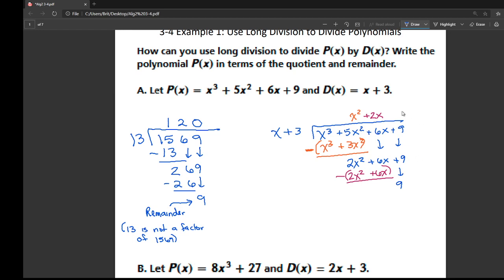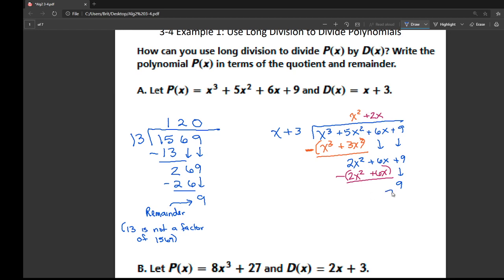Now to make x look like 9, I would need to multiply by something weird. So this is actually where we stop. Instead of filling in a 0, we would just say, well, the power that's down here that I'm dividing by is less than the power here, so I don't need to use that.